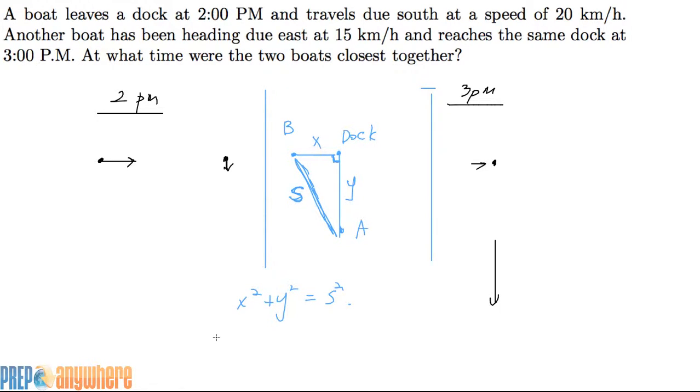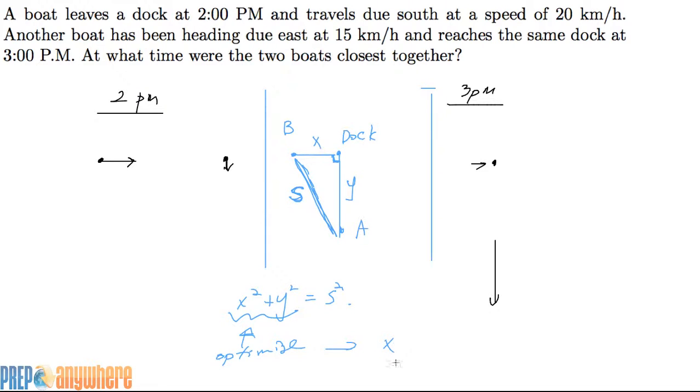So really, we need to optimize this, right? But right now we have two variables. That's not good. We need to have one variable. But both X and Y depend on another variable. What? Time.